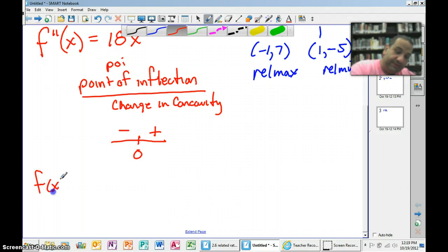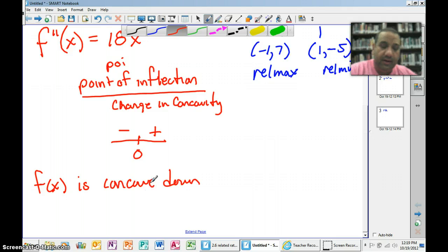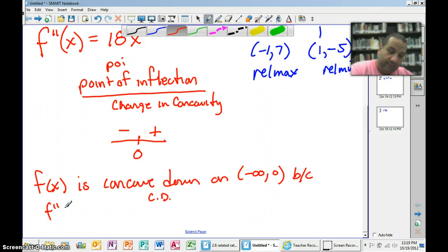So I would write this. f of x is concave down. Sometimes I just do CD. Concave down on negative infinity to 0, not inclusive, because the second derivative of x is less than 0.